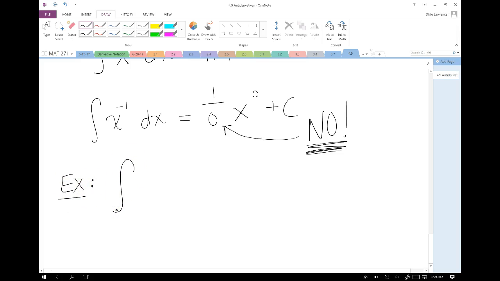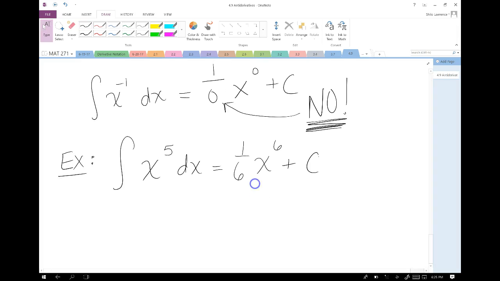If we wanted the antiderivative for x to the 5th. So the rule is, the derivative brought the power down. We want the power to go back up. And then whatever that new power is, we flip it out front for a coefficient. And it's as easy as that. And you can always check to see if this works, because if we were to go back this direction, it would be derivative.